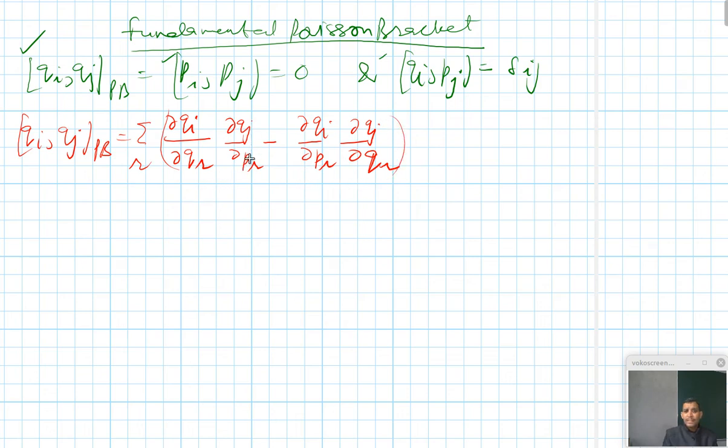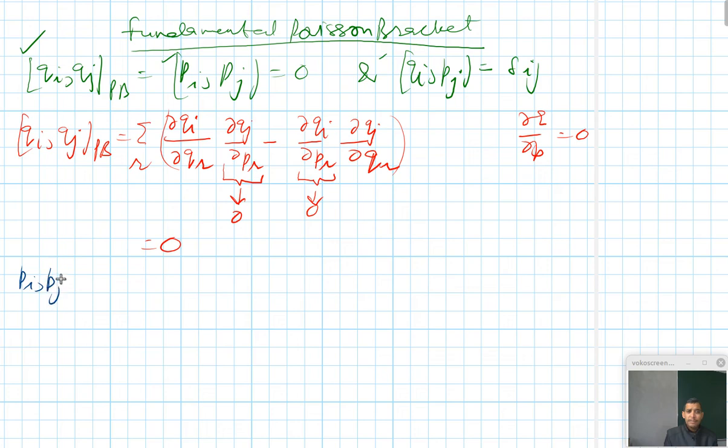And as I know, q_j with respect to p_r is a constant, so its differential will be 0, and similarly this differential will also be 0, keeping in mind that ∂q/∂p is always 0. So if these two are equal to 0, this makes the whole quantity equal to 0.